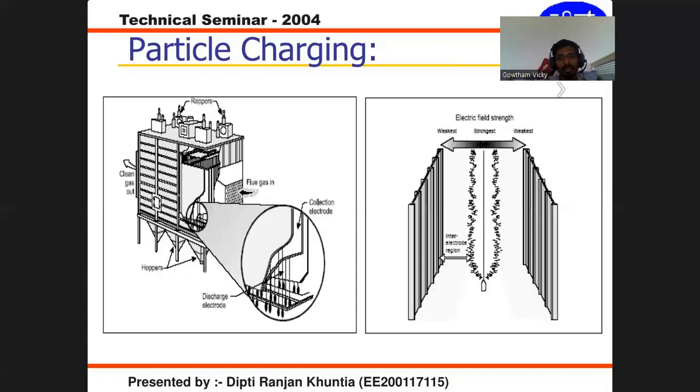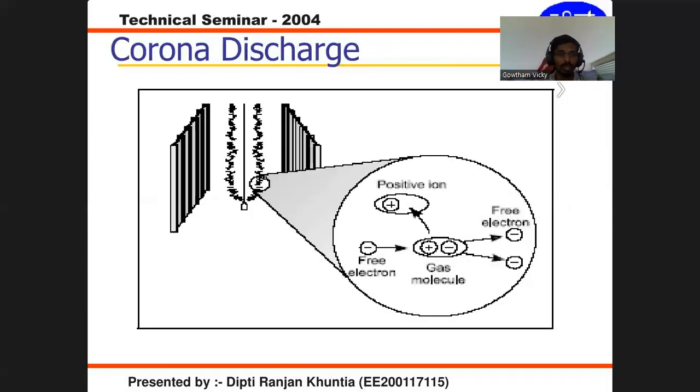Then the electrical field strength is weakest, strongest, and then weakest. So this portion is the weakest, this is the strongest portion, and this one is the weakest portion. In the corona discharge, there are positive ions, free electrons, and gas molecules.